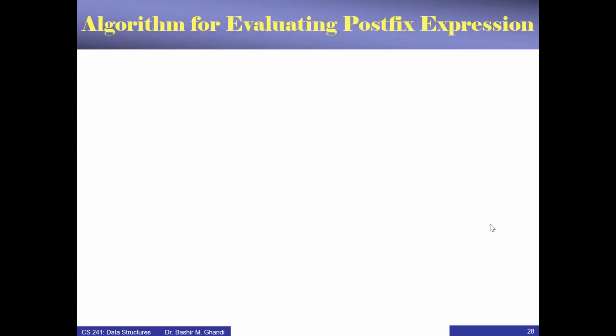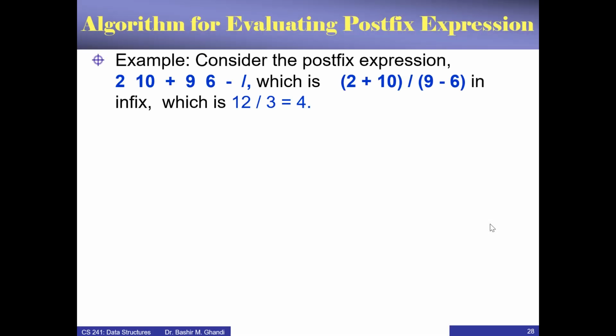Okay, so this is an example. So consider the following postfix expression: 2, 10 plus 9, 6 minus slash. This is actually obtained from this infix expression. Okay, and we want to know how to evaluate this expression.